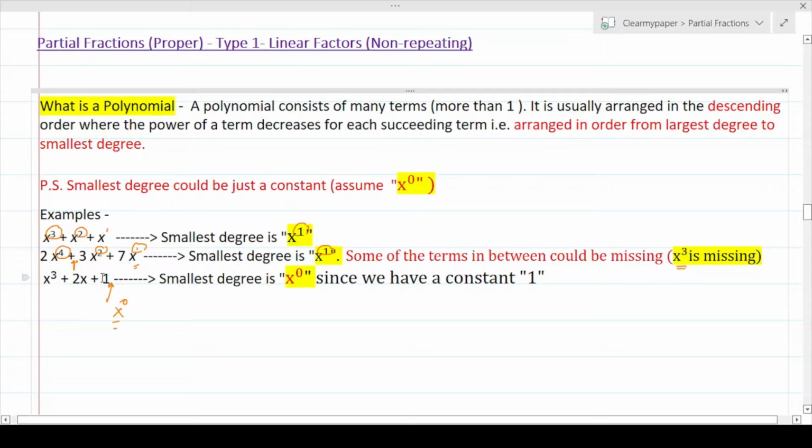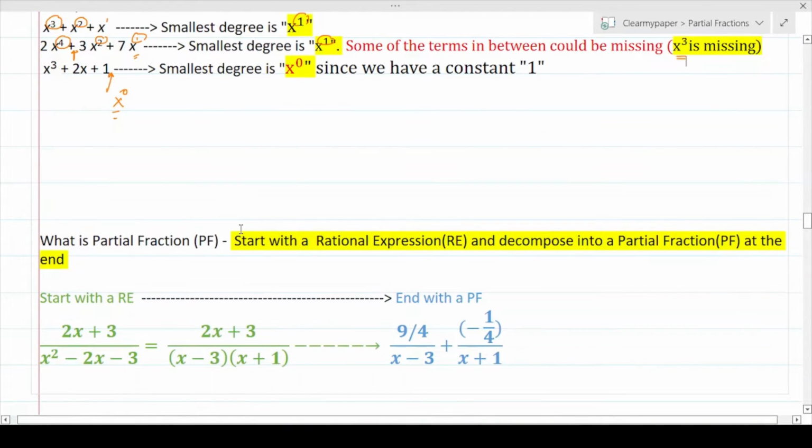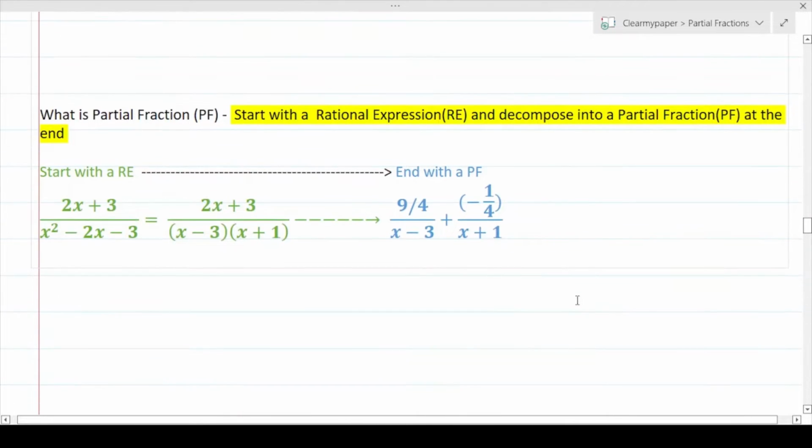Okay, that was a quick refresher on the polynomial. We also learned in one of the previous episodes what a partial fraction is. I'm not going to get into the details, you can check out that episode, but in simple terms, we start with a rational expression like this. A rational expression is nothing but a ratio of two polynomials, one polynomial in the numerator and one in the denominator.